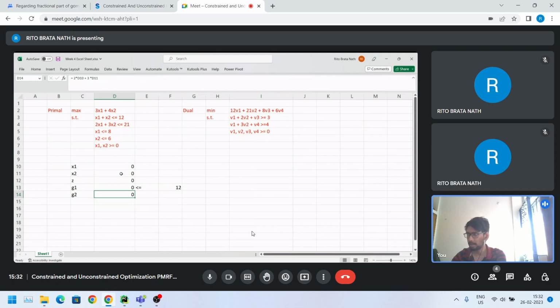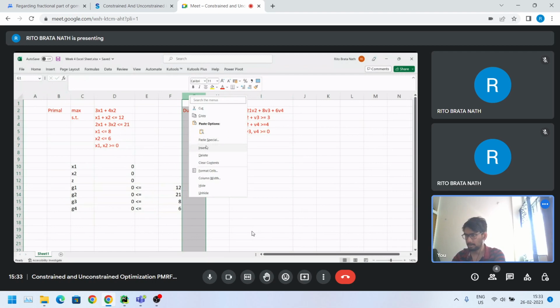This is your LHS, and it is less than or equal to 21. Then you have G3, which is nothing but just x1, less than or equal to 8. Finally, G4 is nothing but x2, and this has to be less than or equal to 6. The non-negativity constraint we don't write down explicitly; we can provide it later.